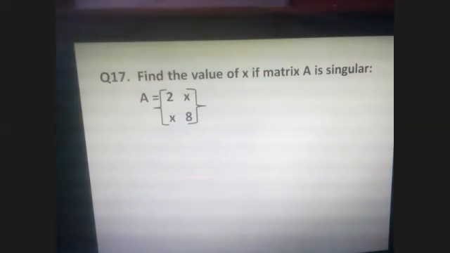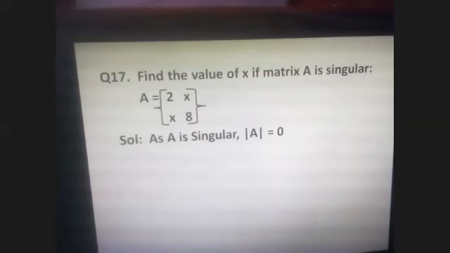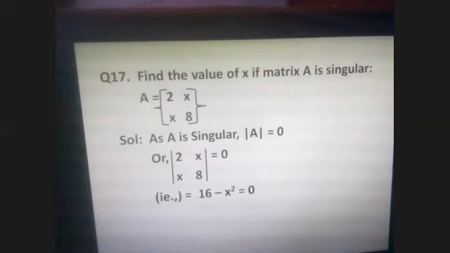Can you guess and tell me the answer first? As A is a singular matrix, determinant A is 0, or 2x into x minus 8 is 0. That is, tell me what is x?